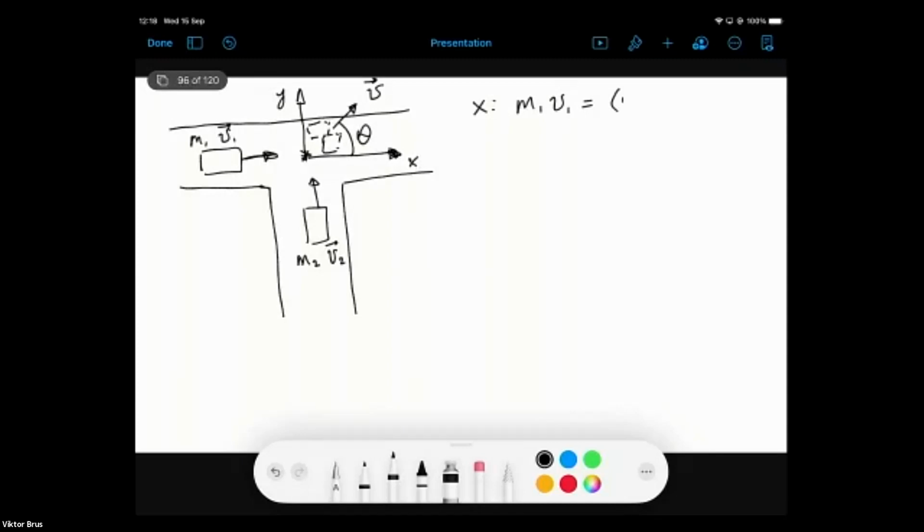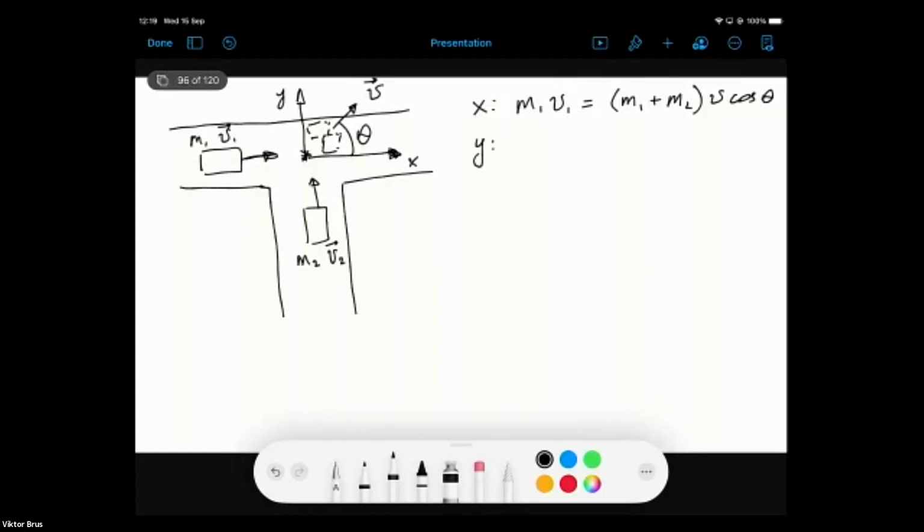So it will be m1 plus m2 times the projection of the velocity vector on axis x, which is v times cosine theta. So this is true for axis x.